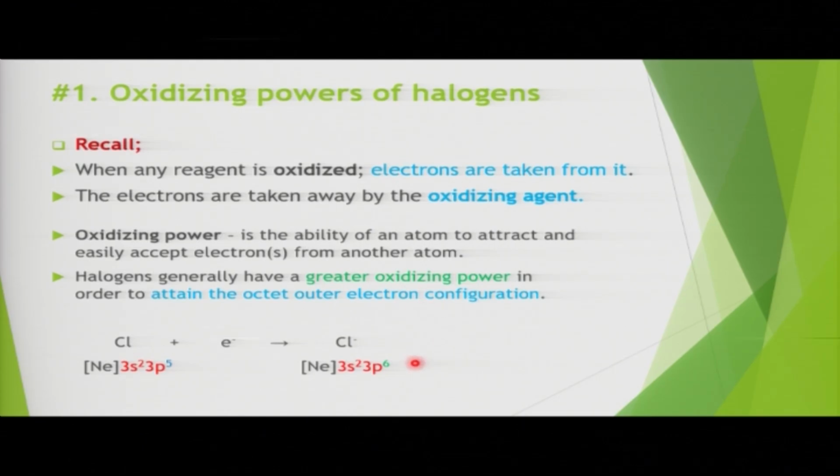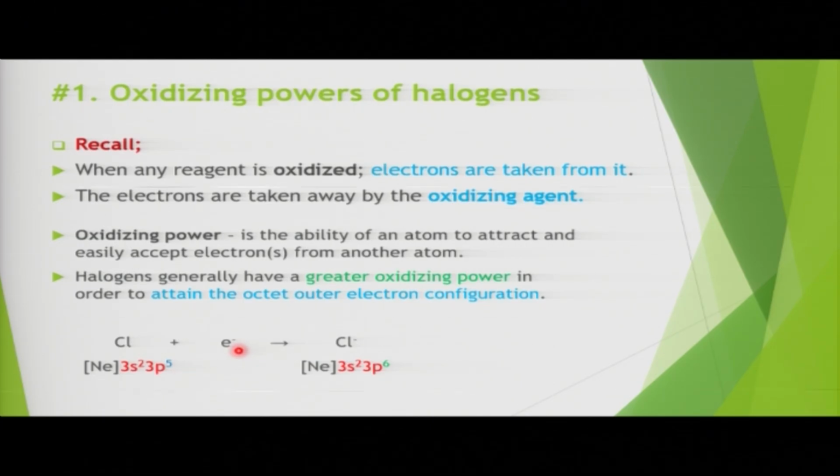The reason is simple. They only require 1 electron to attain the octet outer electron configuration or to get a full-filled shell. This is an example of chlorine. The single chlorine atom has 7 electrons in the outermost shell with 5 in the p orbital.